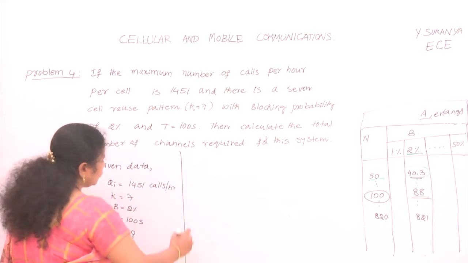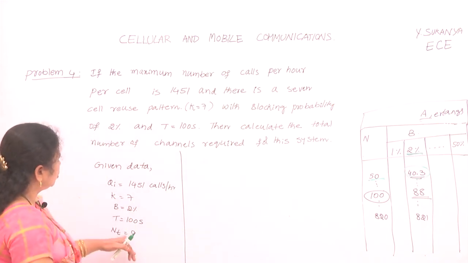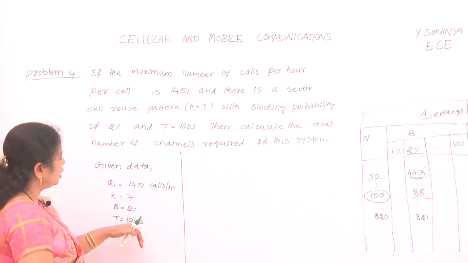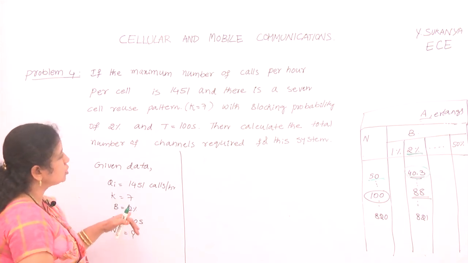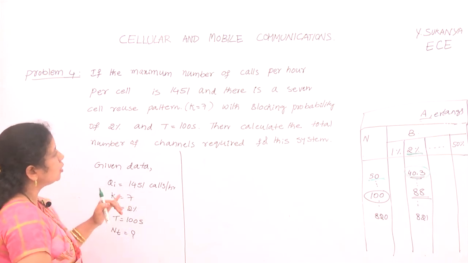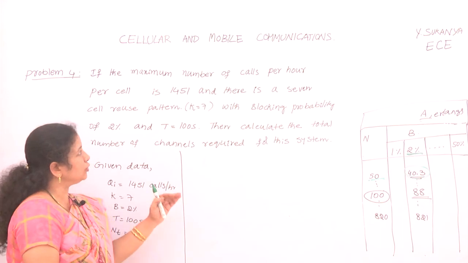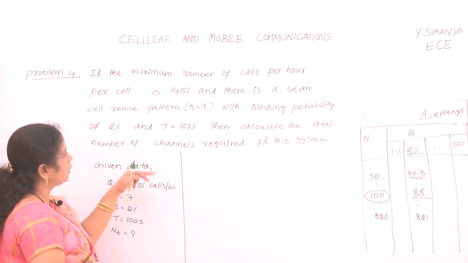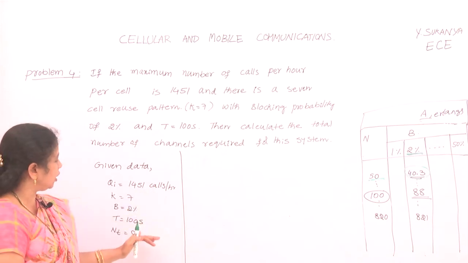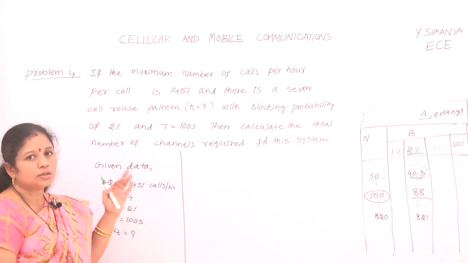Before going to the calculation of the total number of channels, first we need to calculate how many channels are required for a single cell. After that calculation, using that data, we will calculate the total number of channels required for the entire system.